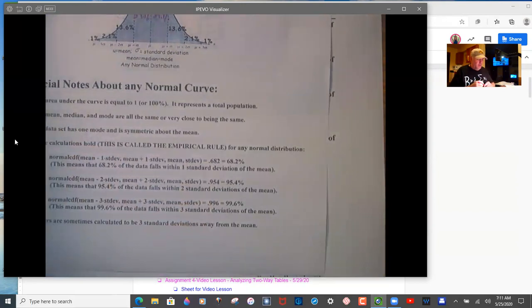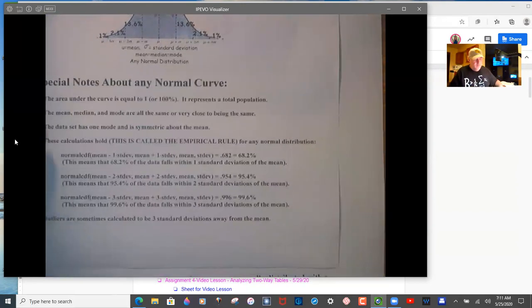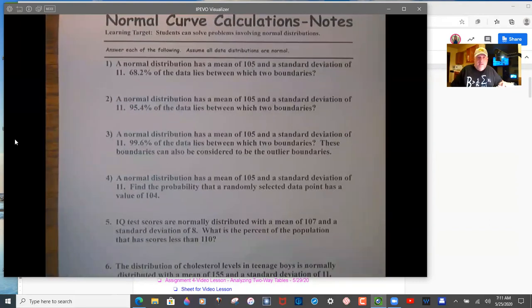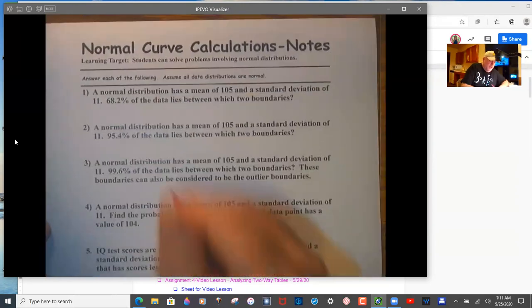All right, so these first three problems deal with these percentages and what percent of the population is within 1, 2, and 3 standard deviations. Basically it's just about adding and subtracting the standard deviation from the mean 1, 2, or 3 times. So I just nicely put them all in order.